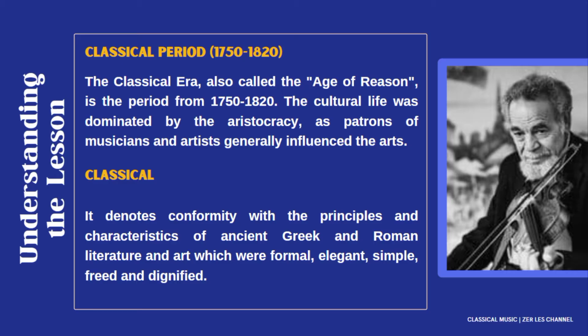The cultural life was dominated by the aristocracy as patrons of musicians and artists generally influenced the arts. Classical denotes conformity with the principles and characteristics of ancient Greek and Roman literature and art, which were formal, elegant, simple, refined, and dignified.